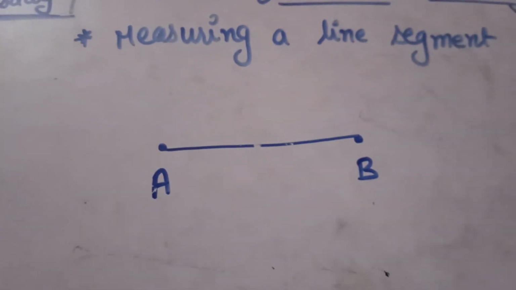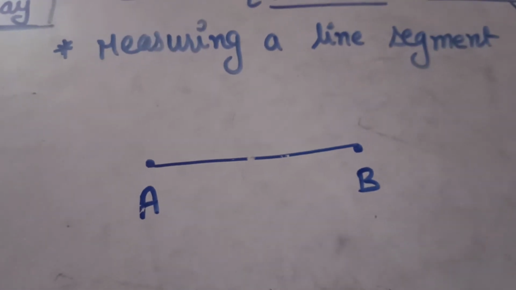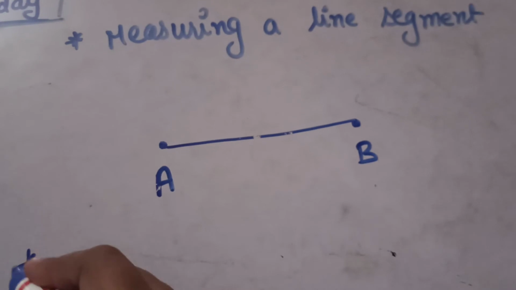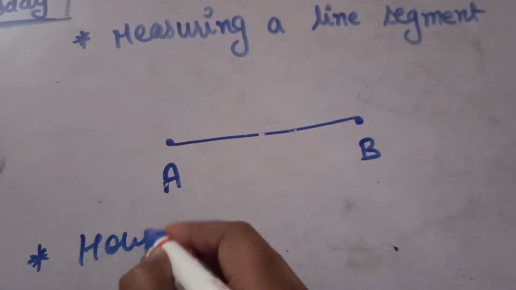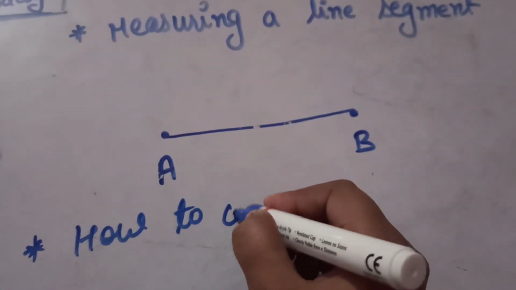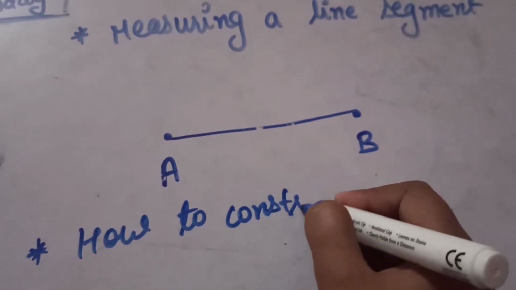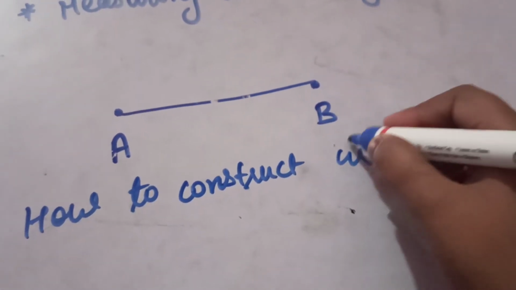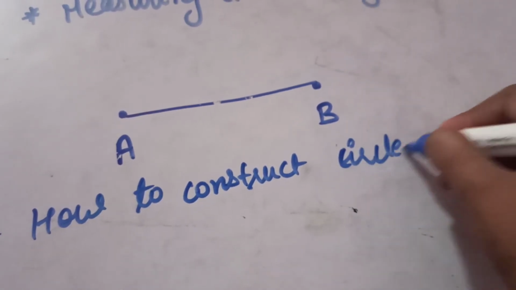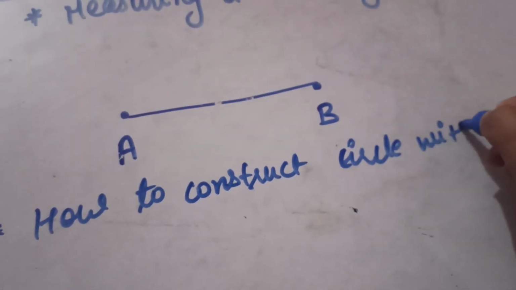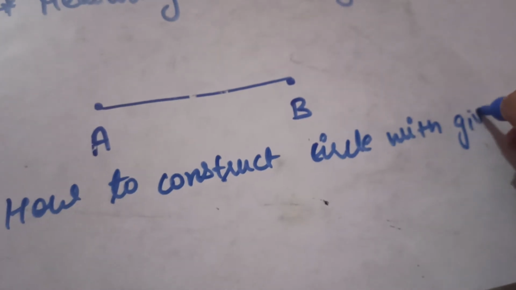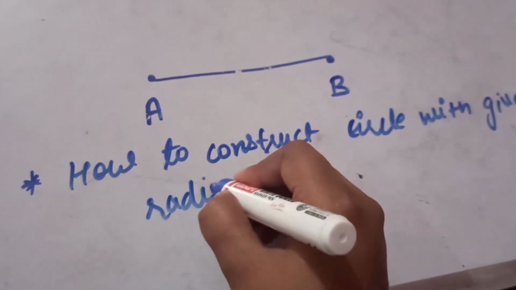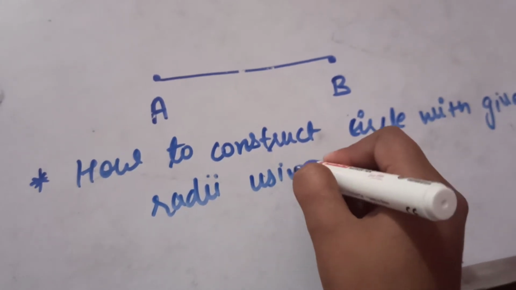Now come to how to construct a circle of given radius using a compass. How to construct a circle with given radii using a compass.